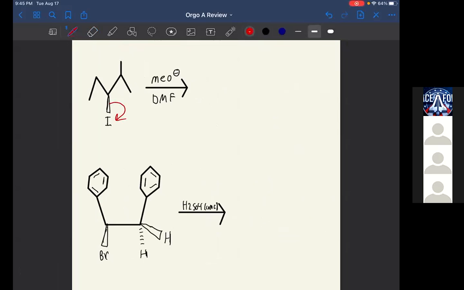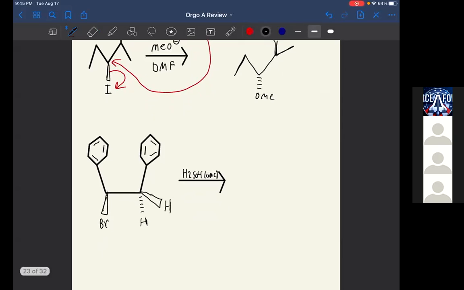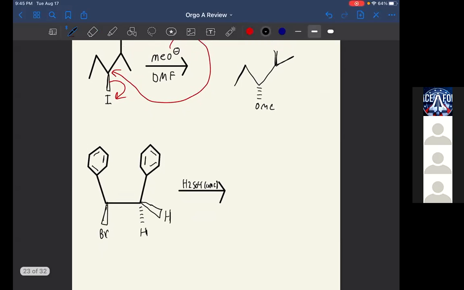So the iodine is going to ionize off, it's going to come in and attack, and since it's an SN2, that stereochemistry is going to get inverted. So then you would get that. Pretty simple one, right? Does that one make sense?